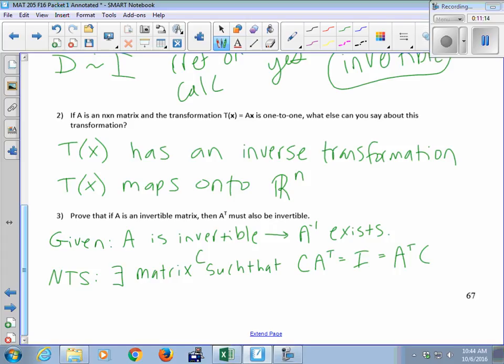Right. Transpose, where you make rows columns and columns rows, is a different thing than the inverse. All right, so I haven't done any work trying to prove it yet. All I've done is sort of taken the statement and translated what do I know and what do I want to show.